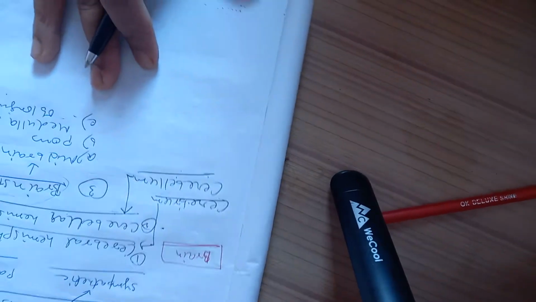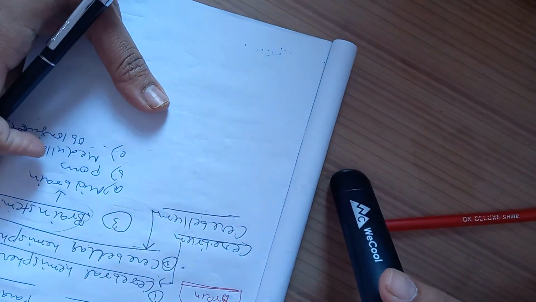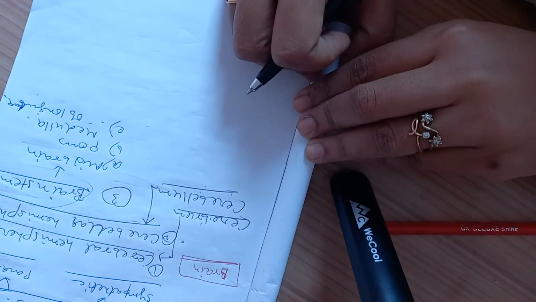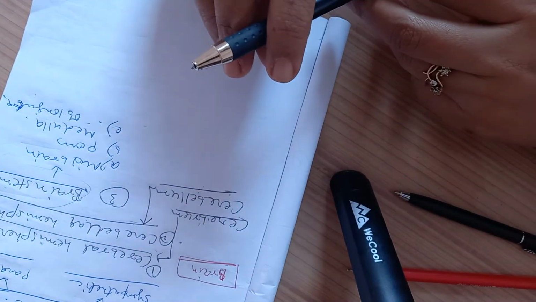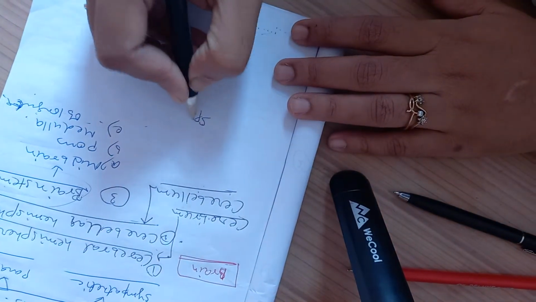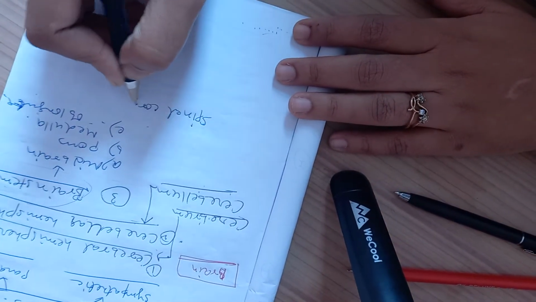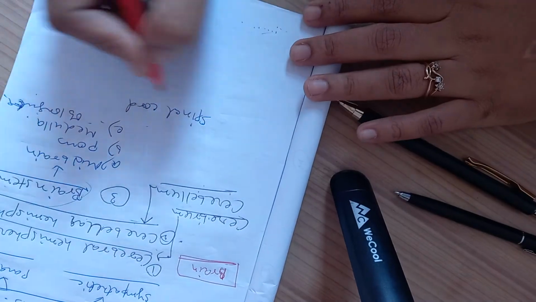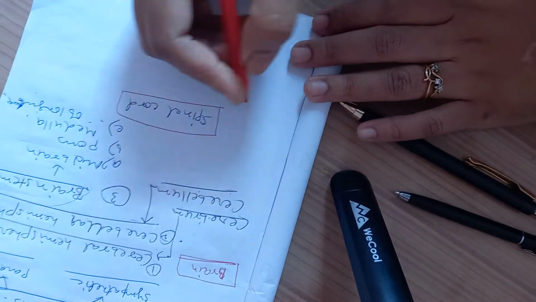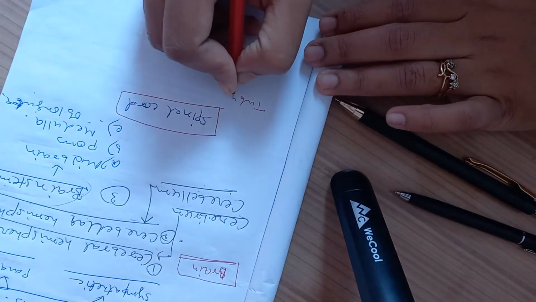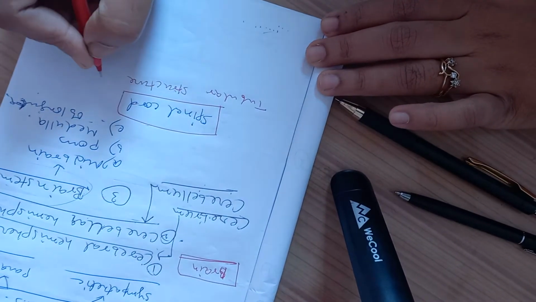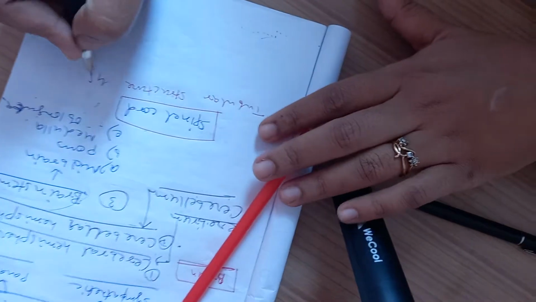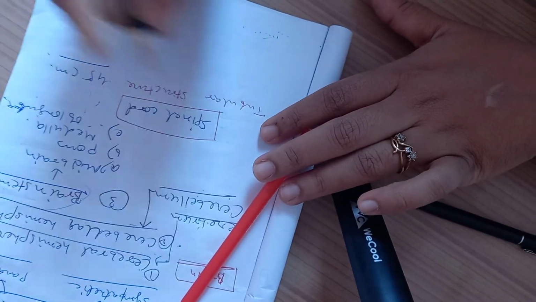Now, coming to the spinal cord. Spinal cord is a tubular structure which is about 45 centimeters in length.